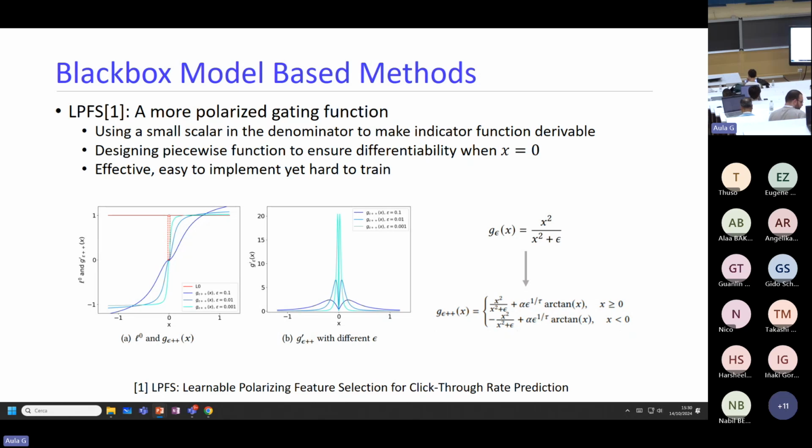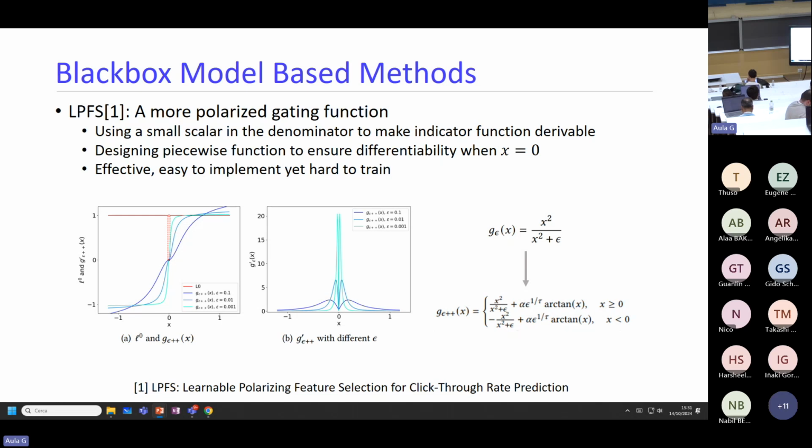Basically, they add a very small epsilon at the denominator of this function. If x is very big, then this function approaches 1. And if x approaches 0, then this gate value also approaches 0.